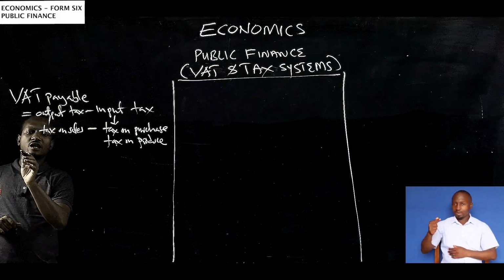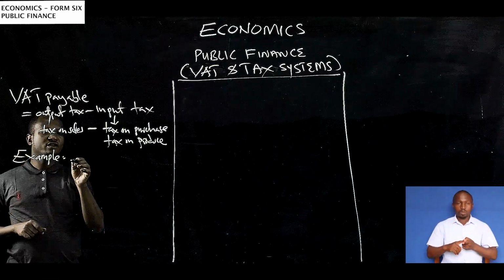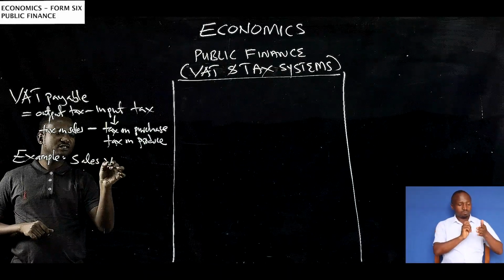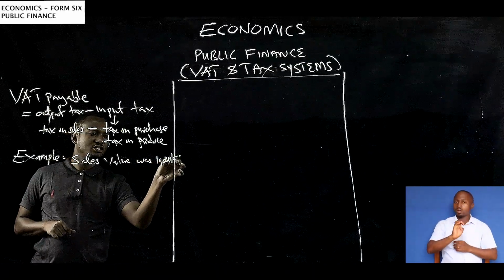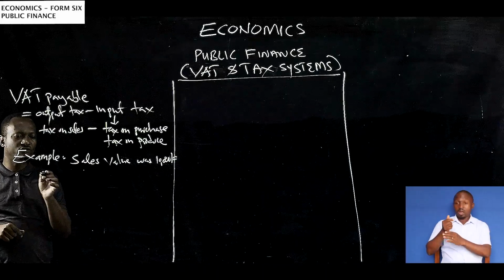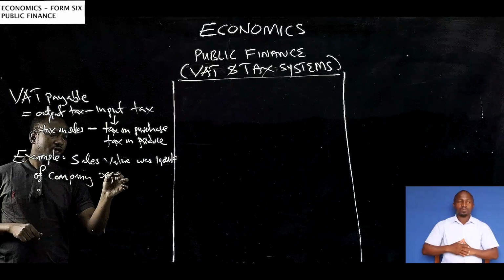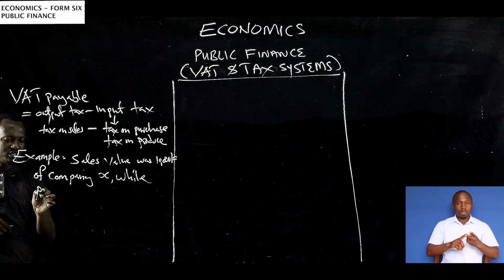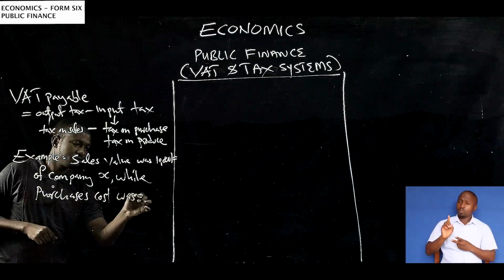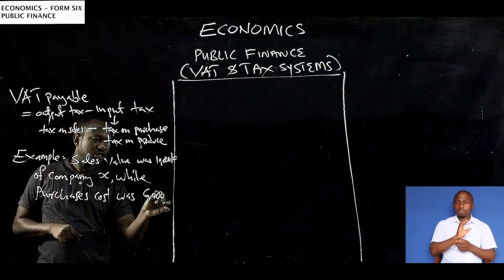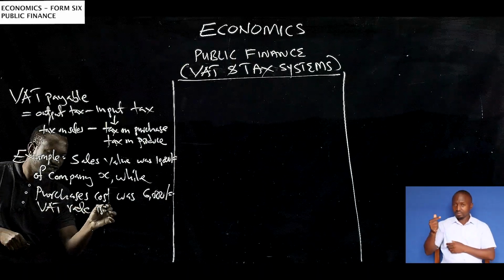So, for example, if you were given a sales value of maybe 10,000 Tanzania shillings for company X, while the purchases cost was, let's say, 6,000 Tanzania shillings, and the VAT rate is 20%.